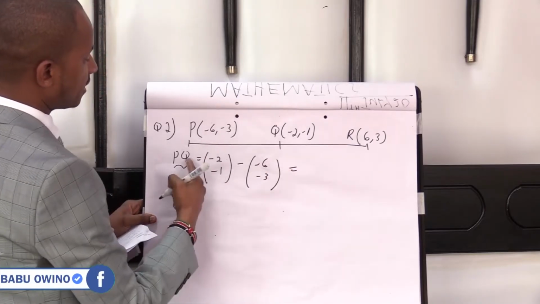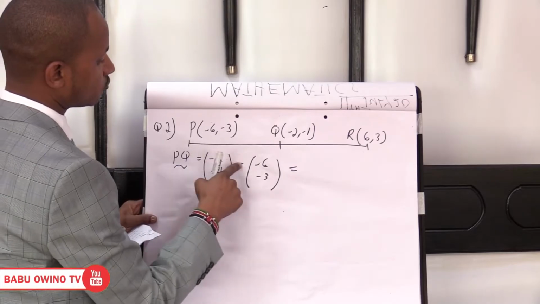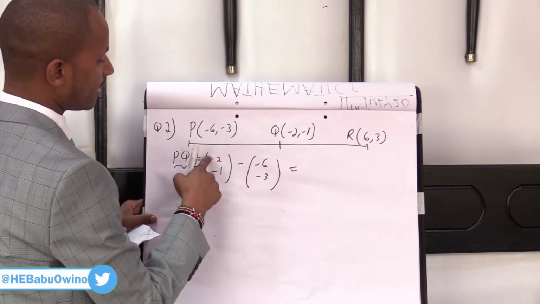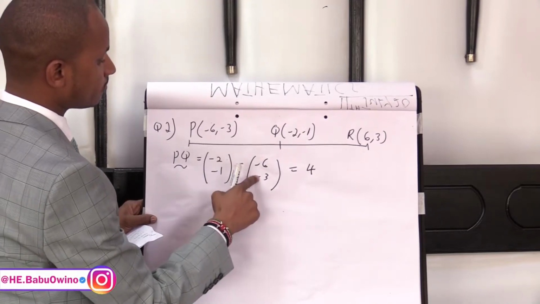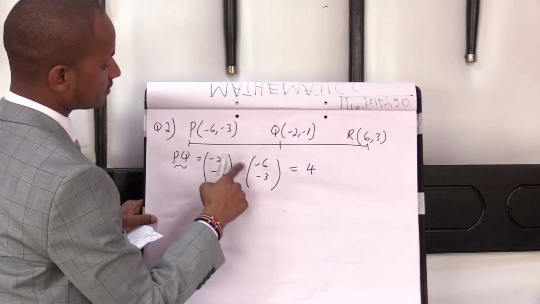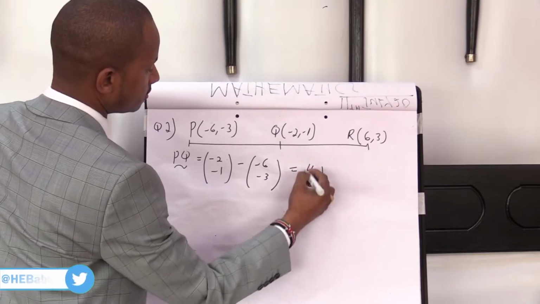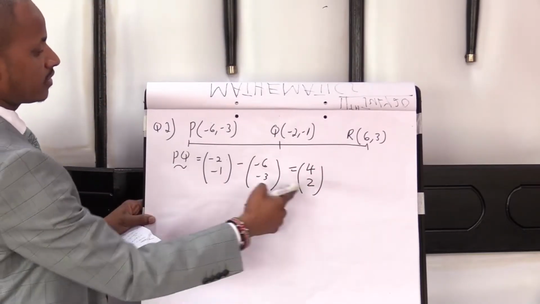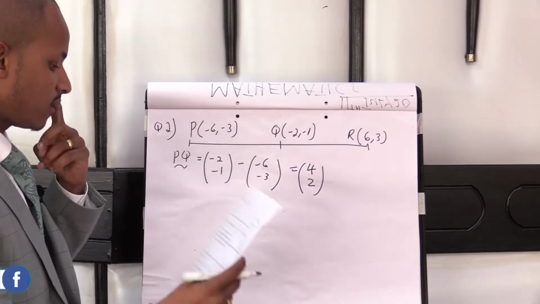Therefore, PQ in column vector form is minus 2 minus minus 6, which is minus 2 plus 6, which is 4. Then minus 1 minus minus 3, minus and minus is plus, so it is 3 minus 1, which is 2. So PQ in column vector is 4, 2. And you harvest your mark.